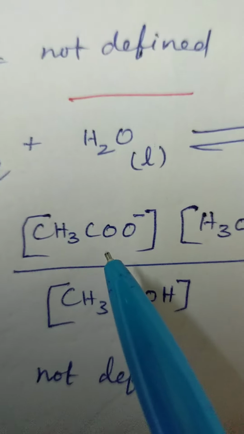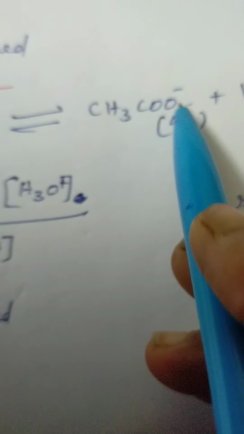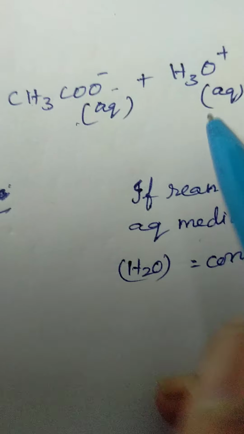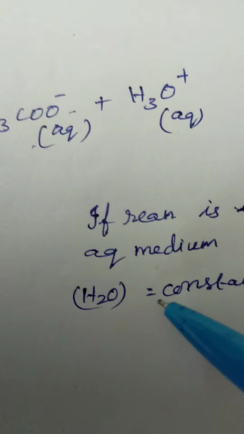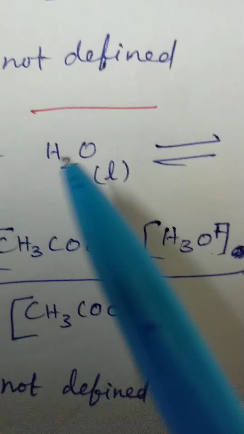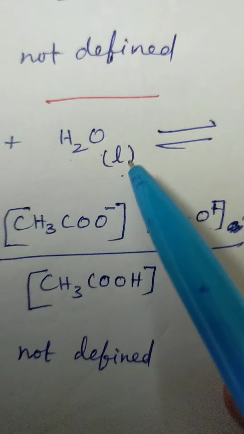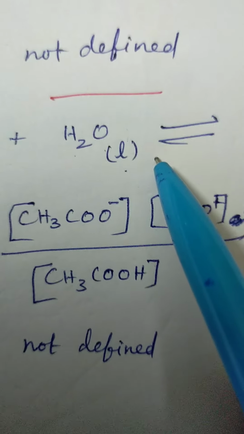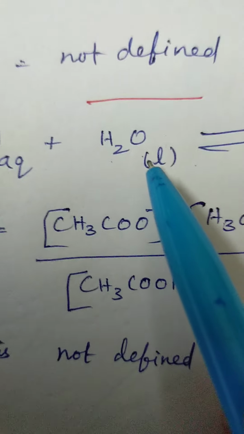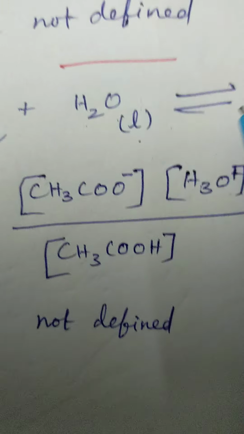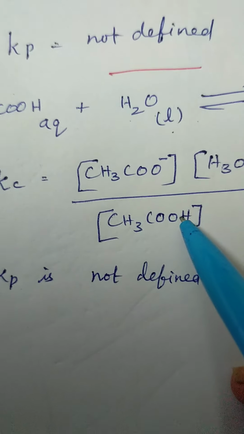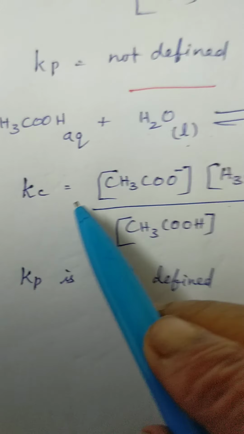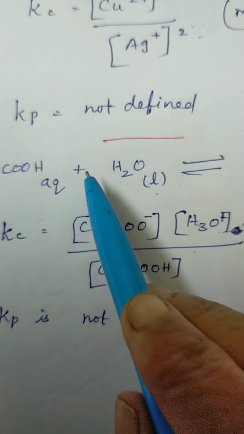Kc is equal to [CH3COO-][H3O+] divided by [CH3COOH], because these are aqueous. If a reaction is in aqueous medium, H2O liquid is constant. Why? Because it is an aqueous medium. So CH3COOH has no coefficient. This is the Kc for this reaction.